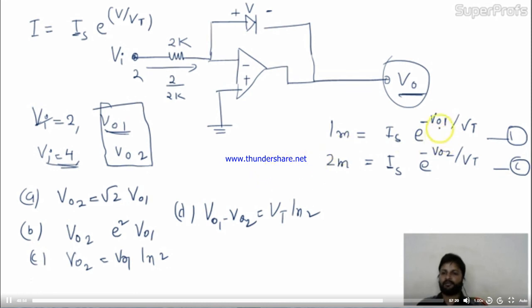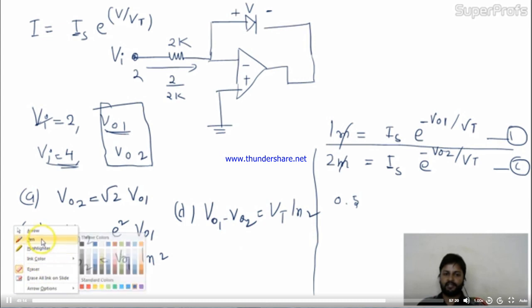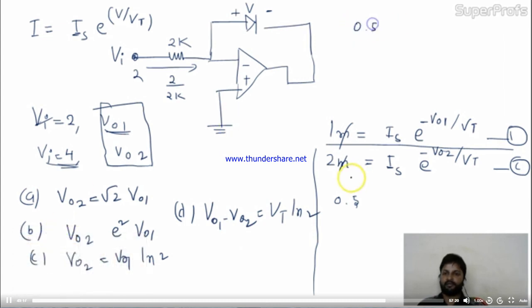Now you have to find the relation between V01 and V02. Let's divide these two equations. Milli and milli cancel. This will be 0.5. Let me take some space over there. Okay, so finally the equation you are getting is 0.5, and Is will cancel out, e to the power minus V01 by Vt divided by e to the power minus V02 by Vt.